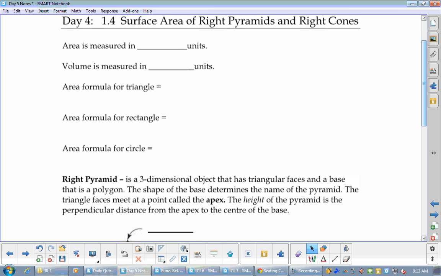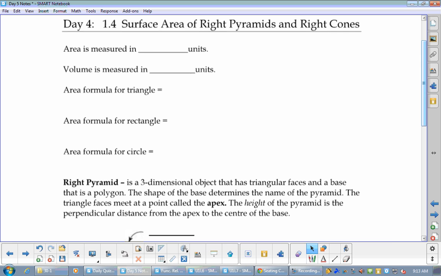Units squared, like centimeters squared or feet squared. And what do we say about volume? Cubed. So that would be your meters cubed or yards cubed.